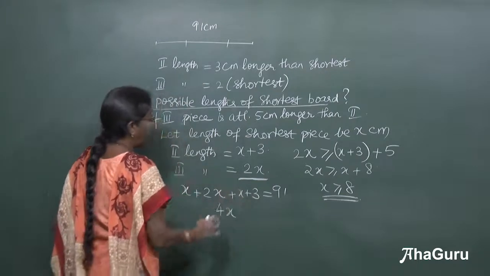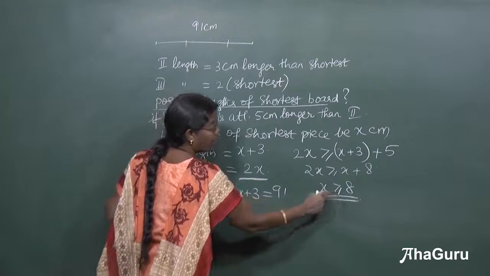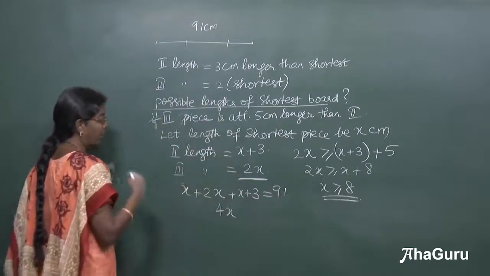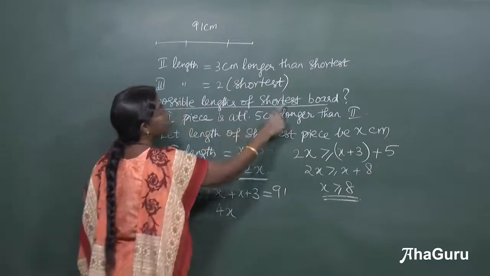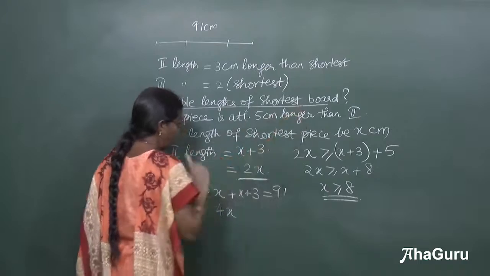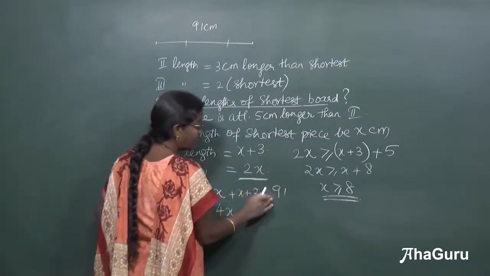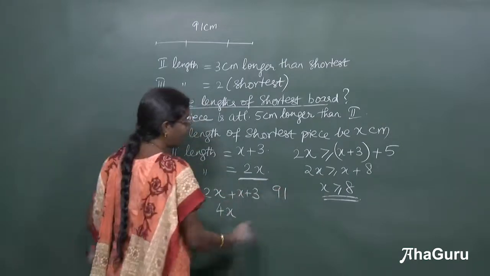The sum of all the 3 lengths, listen, we have got here one inequality, x is greater than or equal to 8. To get the other inequality, because the question was to find out the possible lengths of the shortest board, if you add all three, the maximum length will be equal to 91.